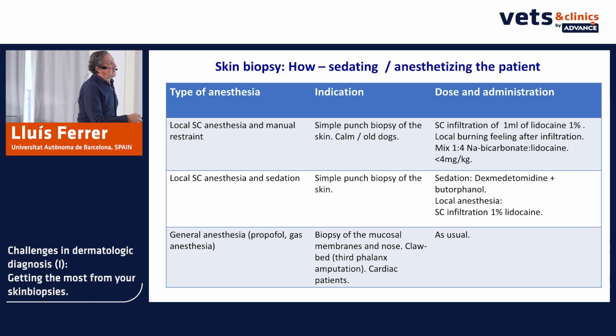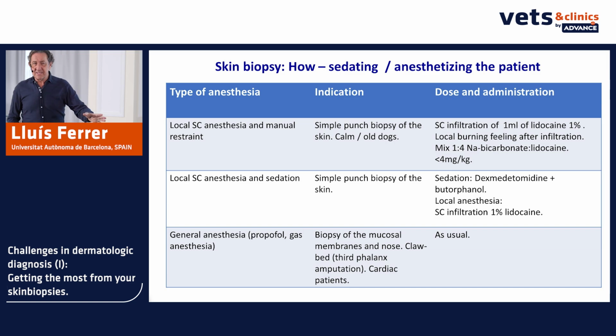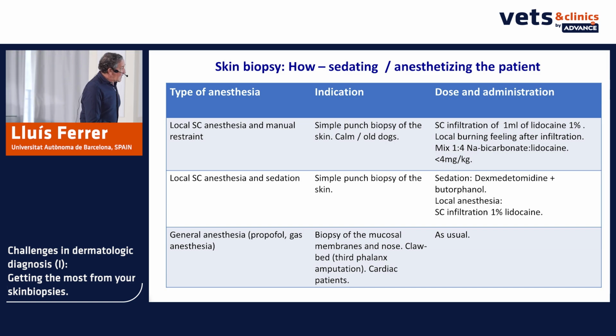We combine an alpha-2 agonist like dexmedetomidine with some opioid, butorphanol, and then local anesthesia. This is the way that in most of the cases is used to take the skin biopsies. And in a few cases, you will need to use general anesthesia.